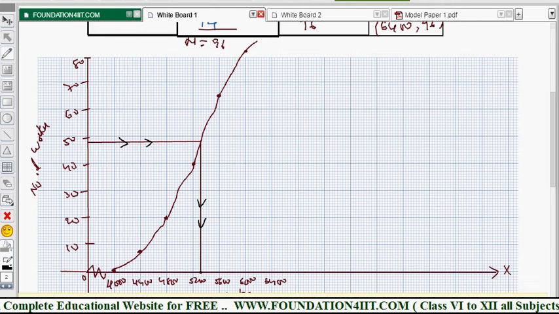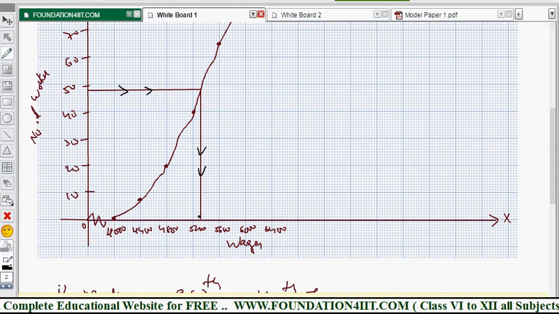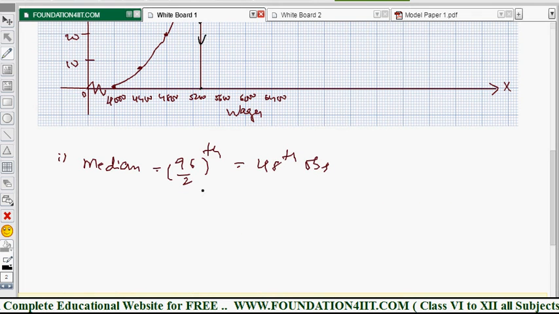Divide 400 by 10, so 40 per 1 millimeter. After 5200, it is 2 to 3 millimeters more, so 400 by 10 is 40, that is 80, and a bit more. So it's approximately 5300. From the ogive, the 48th observation value is 5300 rupees. So the median is equal to 5300.